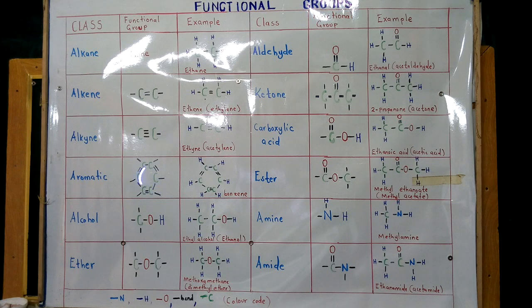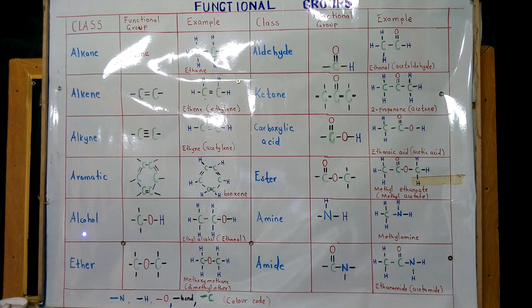This compound is known as benzene, and it consists of 6 carbon atoms which are bonded alternately by single and double bonds, and then hydrogen atoms bonded to each and every carbon. So the formula for this one will be C6H6. We shall see other examples of that.